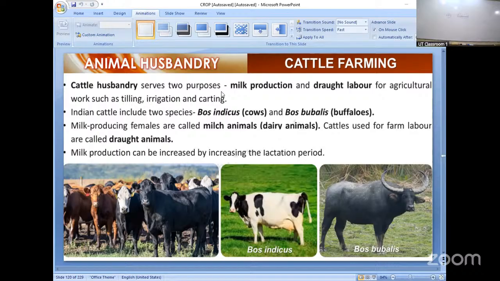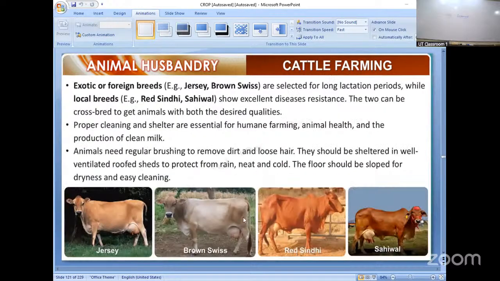Cattle husbandry serves two purposes: milk production and draught work. Jersey and Brown Swiss are the exotic or foreign breeds, and Sindhi and Sahiwal are the local breeds. These are excellent disease resistant varieties. And when they are crossbred, they provide the desired qualities in the animals.